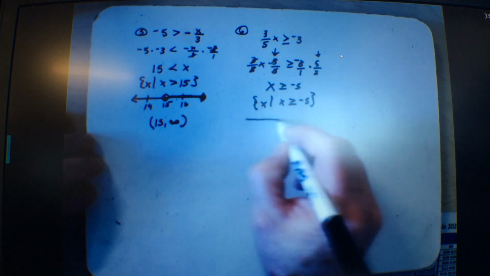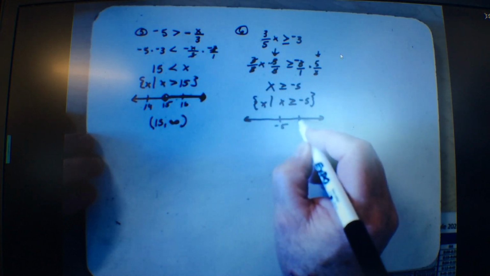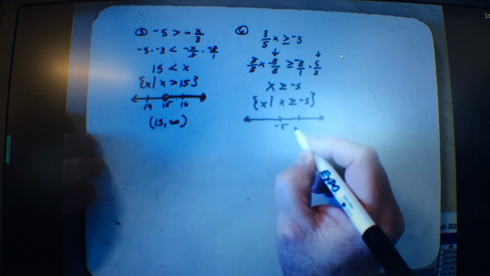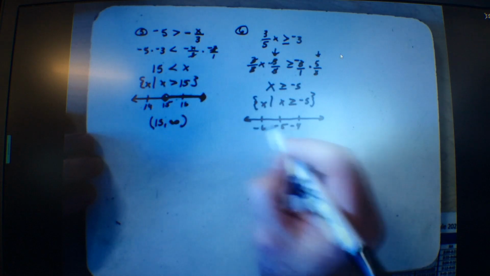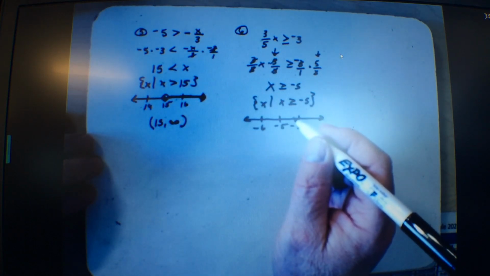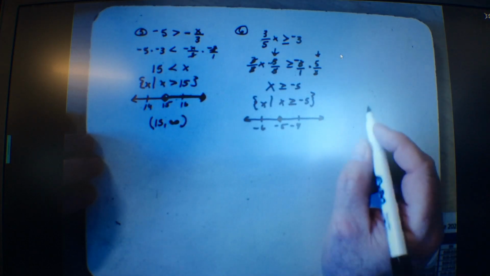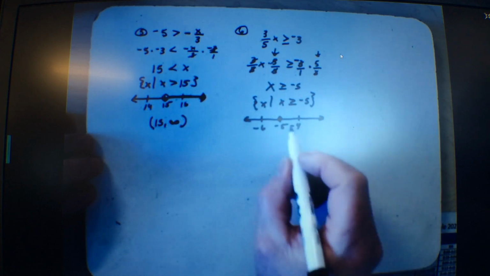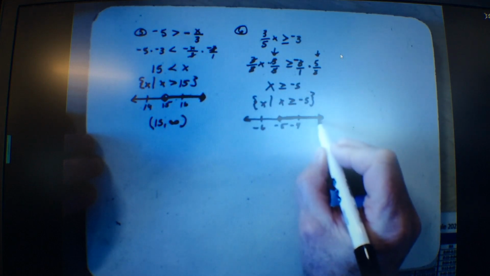Now I'm going to graph it, and I want to show you this on the graph. Negative 5 goes in the middle. What number goes here on the right? Negative 4. Do I have a closed or open circle, Chuck? Closed, and it goes right on negative 5. Which way do I shade, right or left, Caden? Right, I shade this way.